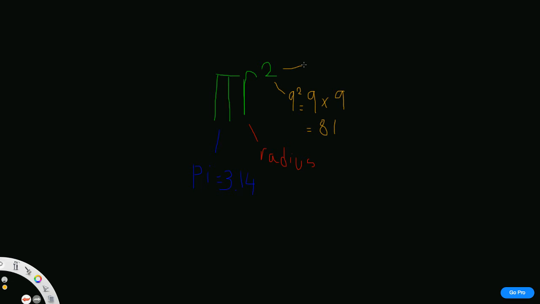Another example would be 5 squared, which is 5 times 5, which is 25. This is what the formula means.